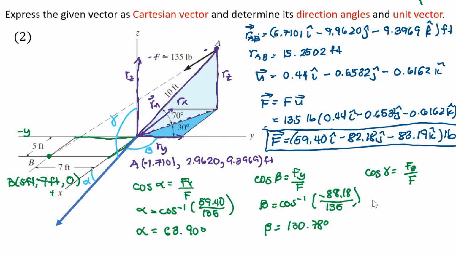So gamma is equal to the inverse cosine of negative 83.19 divided by 135 pounds. So gamma is equal to 128.04 degrees. Now this is the answer for number 2.